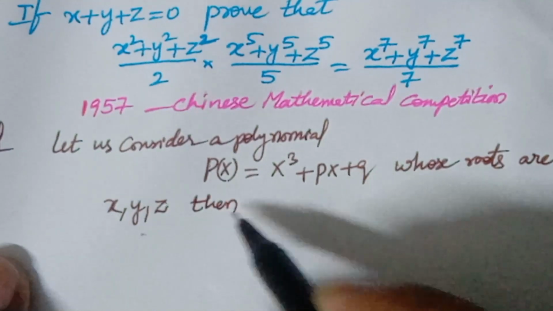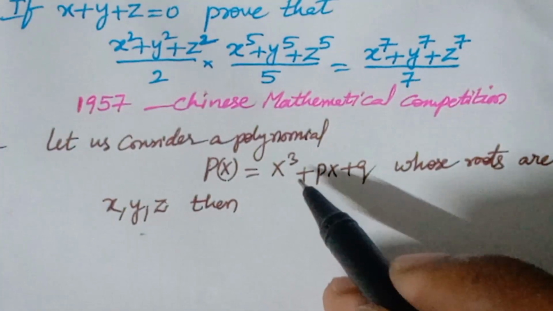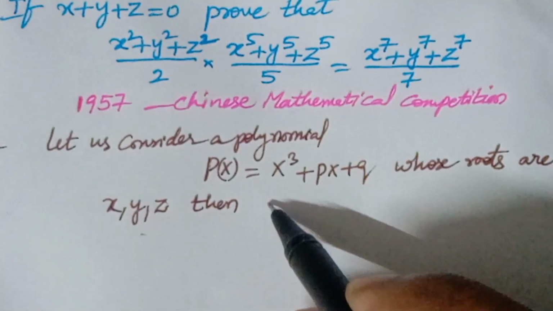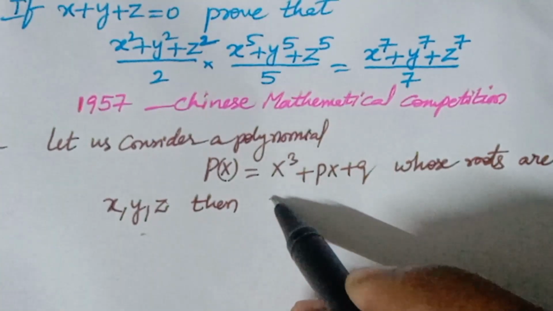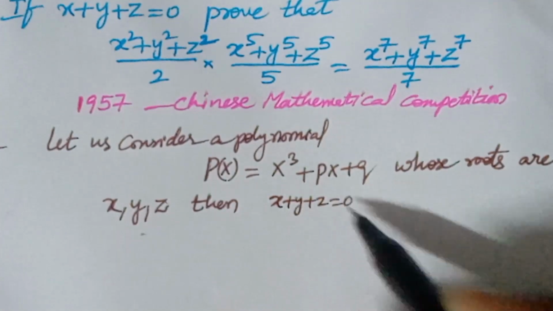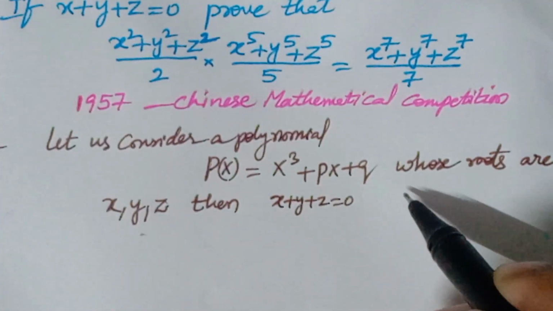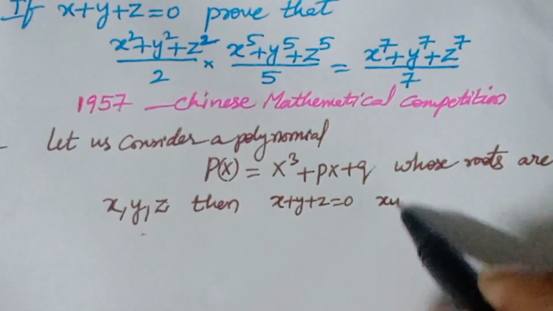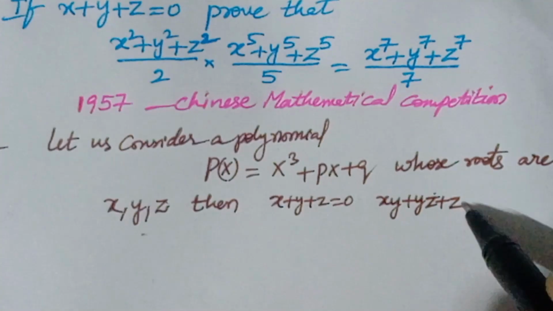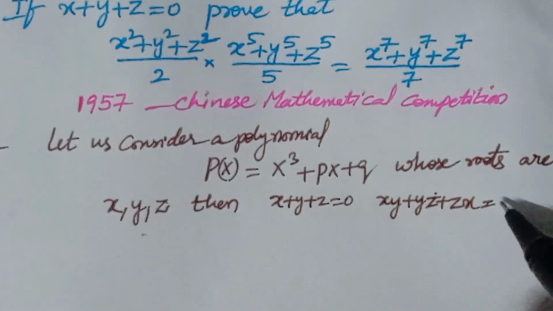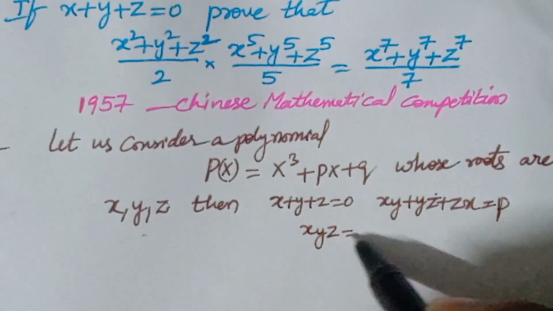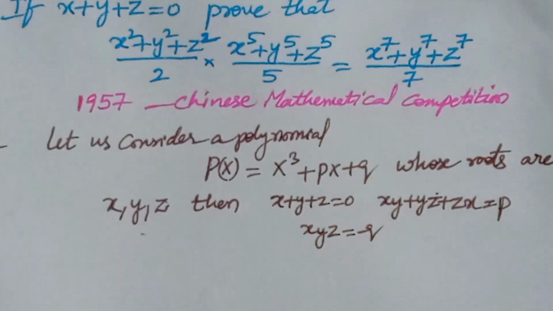Then here we are having the values. Sum of the roots: x plus y plus z is equal to 0. xy plus yz plus zx value you will get p, and xyz value will get minus q.